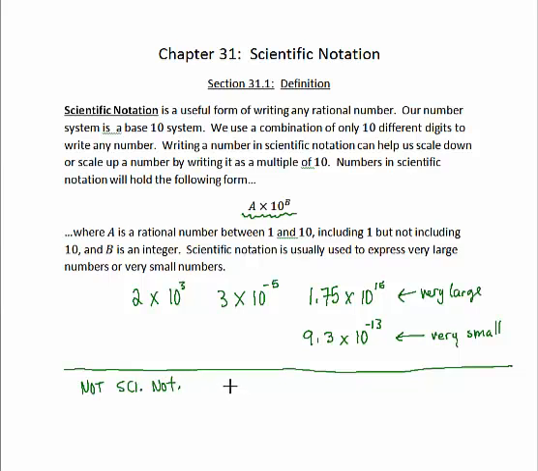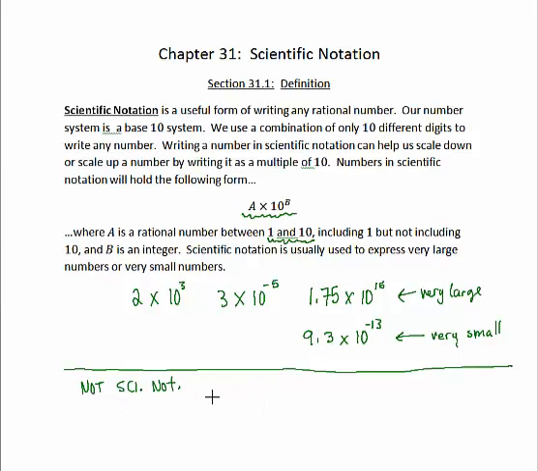Alright, well, if you read the first few comments of chapter 31, you should have read that A, the number in front of the times 10, is a number between 1 and 10, but not including 10. So if we have a decimal number for A, then we only want one digit in front of the decimal place.